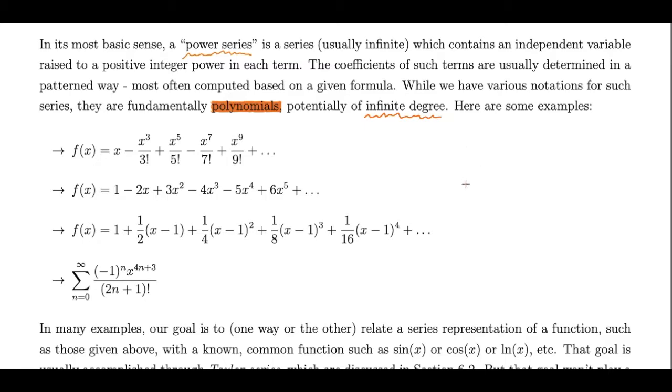I've got 4 examples here, and I just want to highlight some properties and remind ourselves about the structure and nature of a series representation of a function. This first function, f of x, is given by x minus x cubed over 3 factorial plus x to the 5th over 5 factorial, etc. So the first thing I notice is that my power terms only have odd powers.